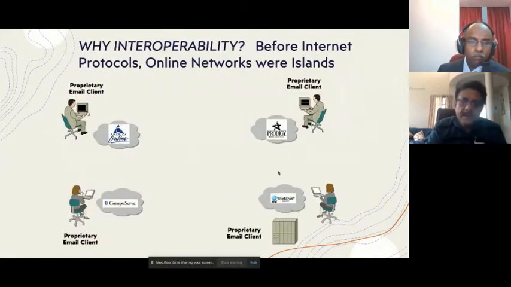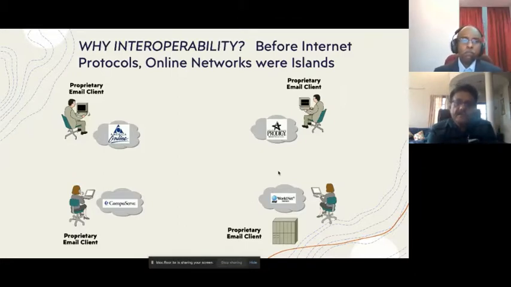But the second, and maybe even more important, reason is that interoperability and standardization will have a huge impact on cloud computing. To understand that, let's take a look at the internet. Before internet protocols like TCP/IP, there were a lot of proprietary networks and all sorts of proprietary email clients, and people were locked into them.